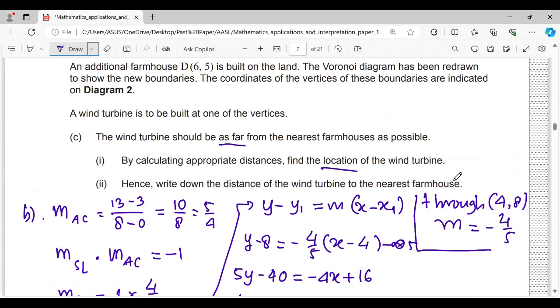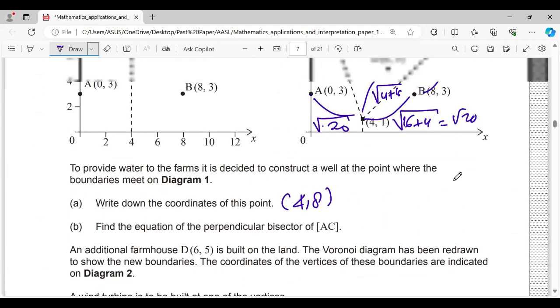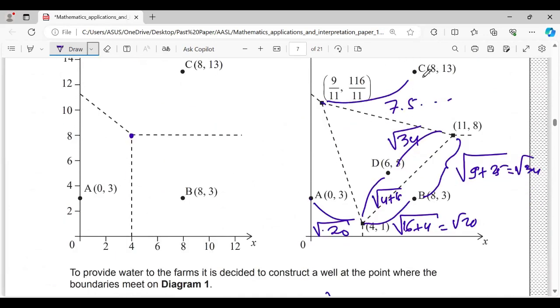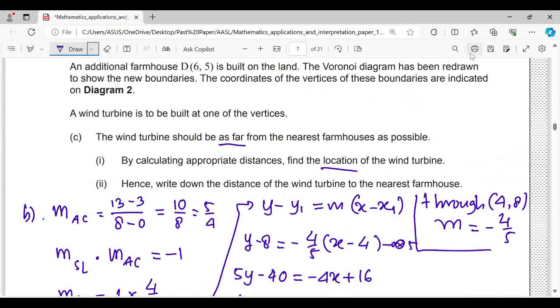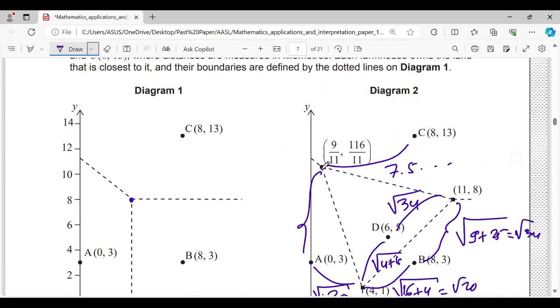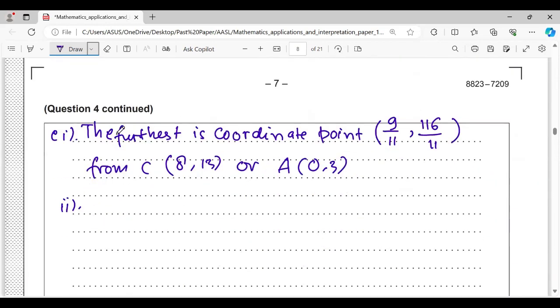To the nearest farmhouse, it means, oh yeah, the far is from A, but the nearest is from C. So the location of the wind turbine is here, and the nearest farmhouse is C, and the furthest farmhouse is A. So I'm going to fix this one first.